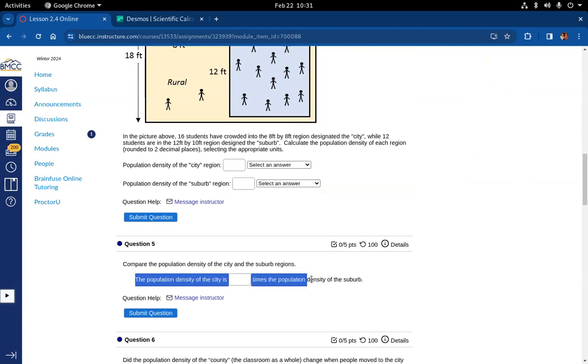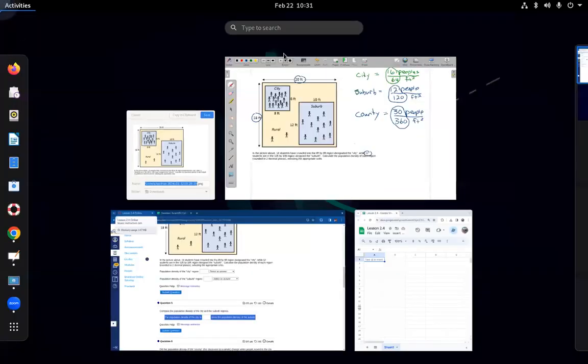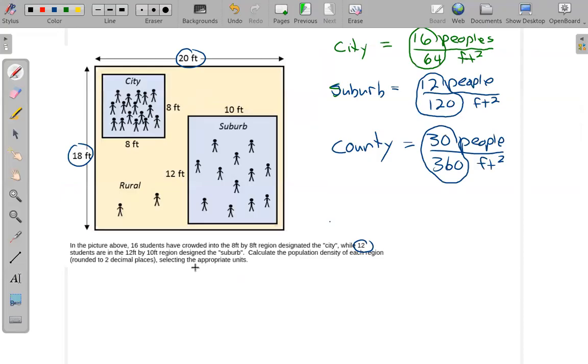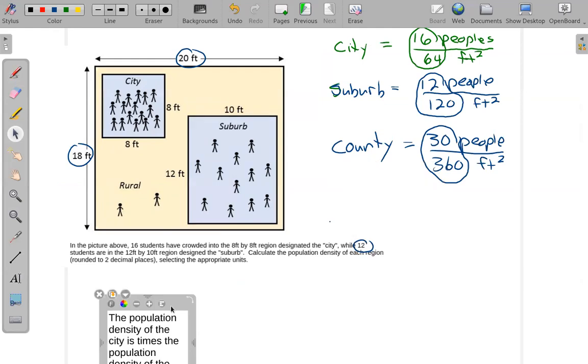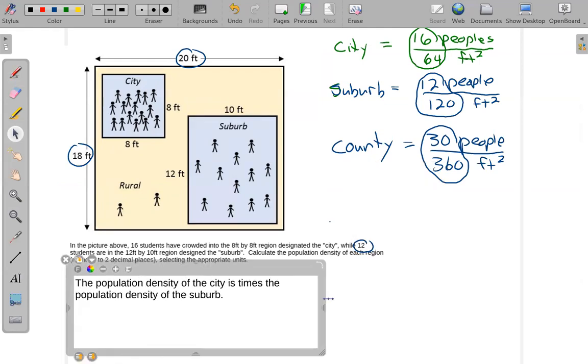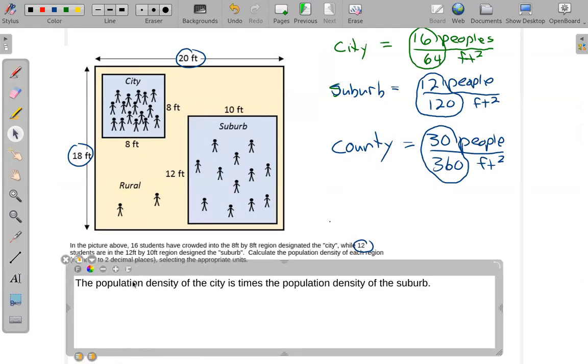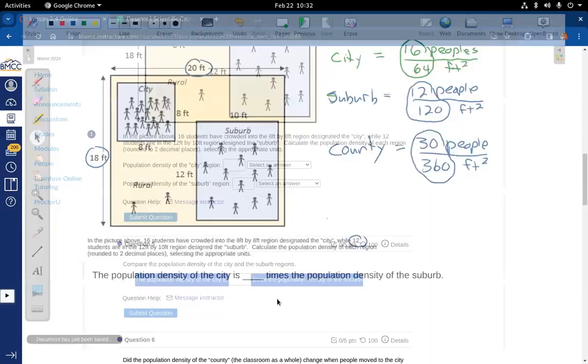I just want to copy that sentence to figure out how to translate that into math. Population density of the city is blank times that of the suburb.